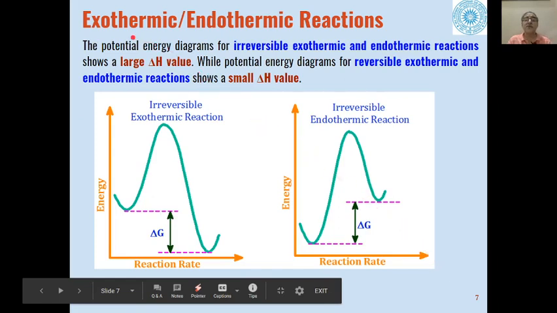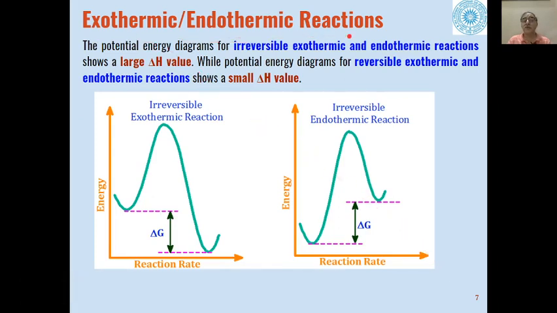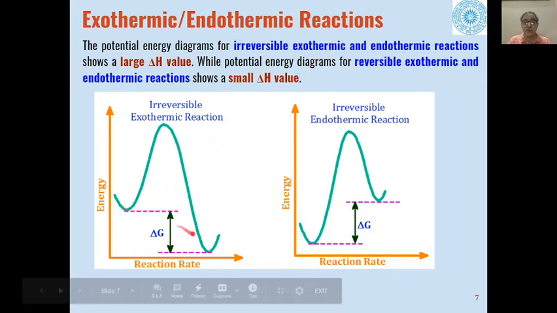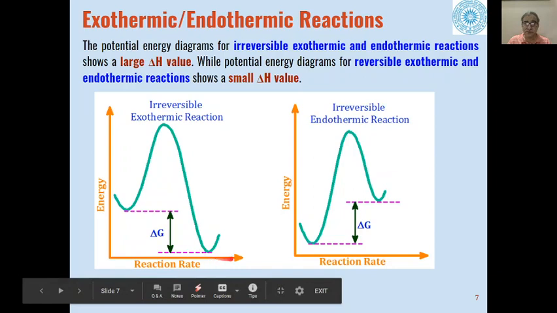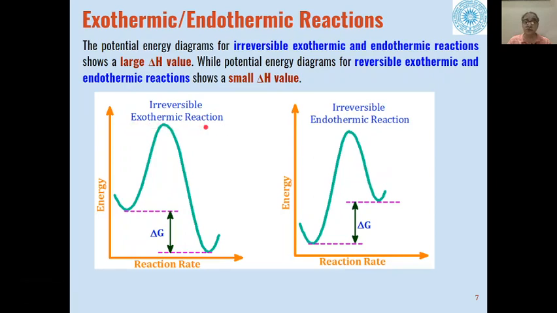Then, as I have told you, exothermic and endothermic reactions. Where the energy of the product is lower than the energy of the reactants, such reactions are called exothermic reactions.